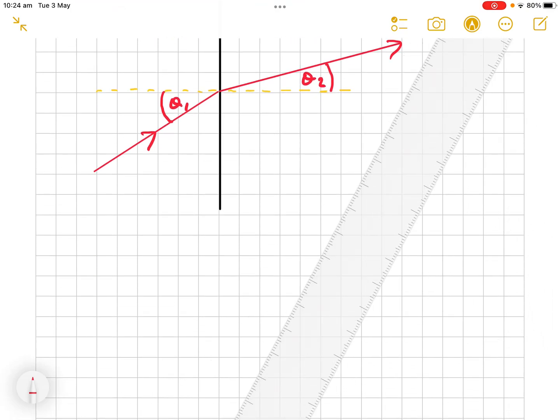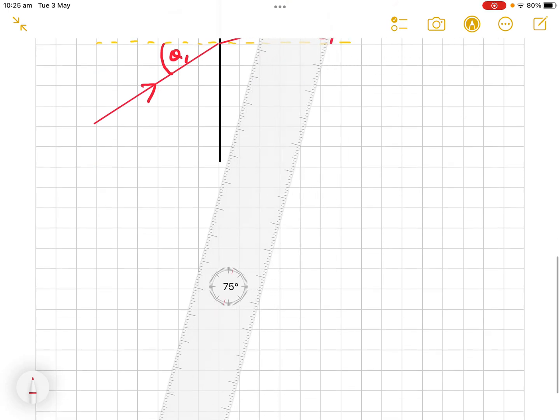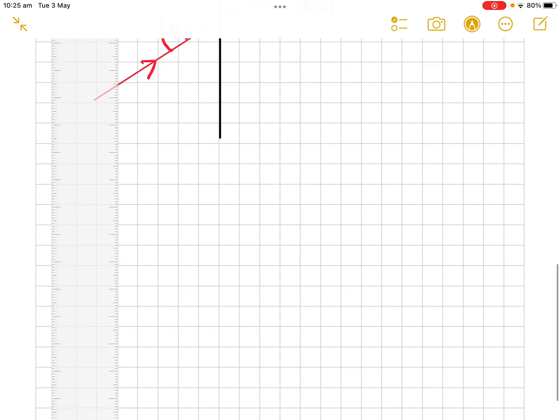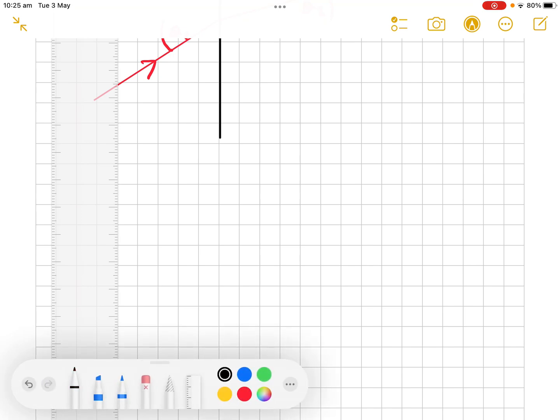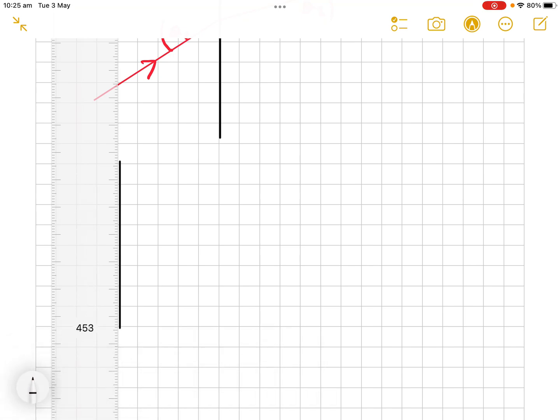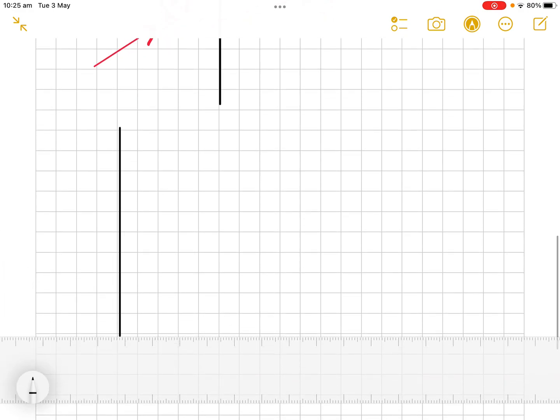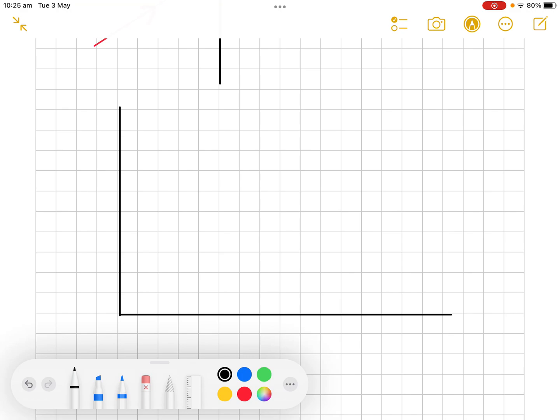Now, if you do an experiment involving a ray box and a glass block, and you measure the angles theta 1 and theta 2, and if you then plot a graph, not of theta 1 against theta 2, but of sine theta 1 against sine theta 2, you'll get a linear relationship. If you plot just theta 1 against theta 2, you get a curved line. But if we go for the sines, it's linear.